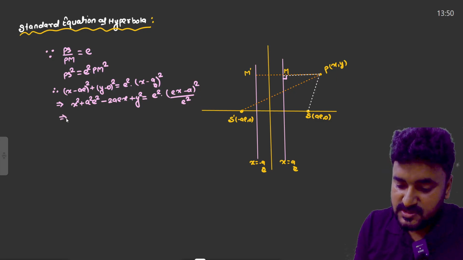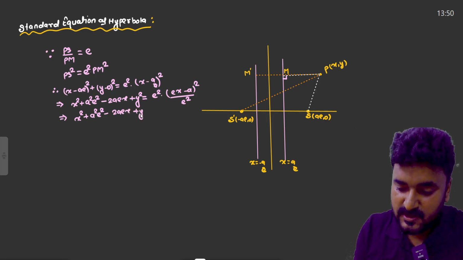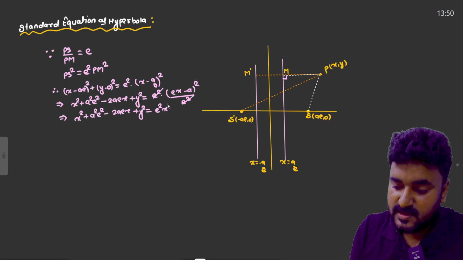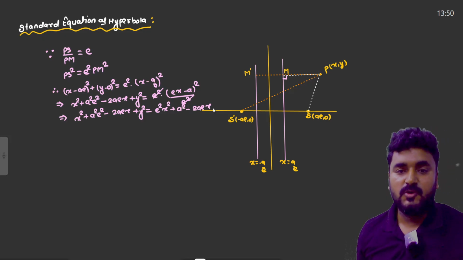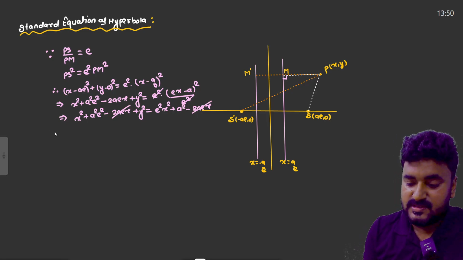So therefore what is coming, sir? x square plus A square E square minus 2AEx plus y square, and this E square we can cancel. So I can see that this is coming E square x square plus A square minus 2AEx. Okay. This minus 2AEx and minus 2AEx I can cancel.